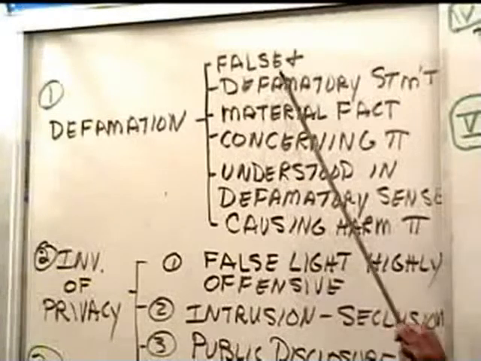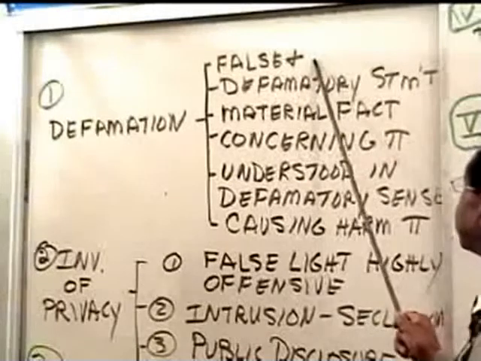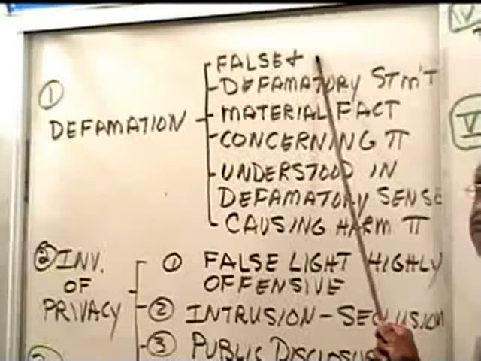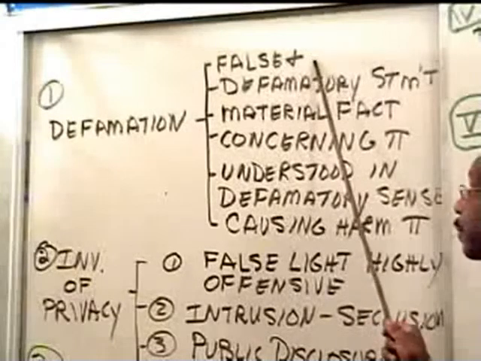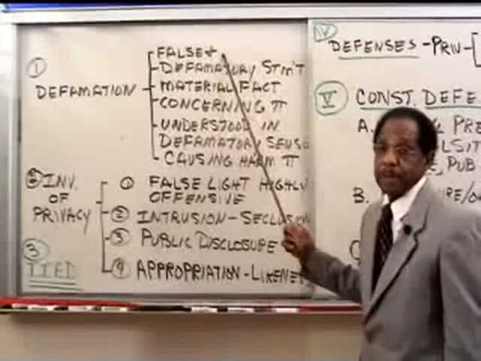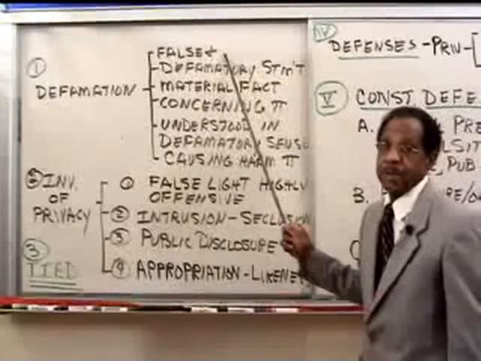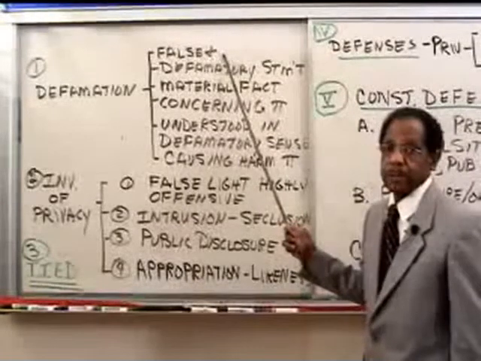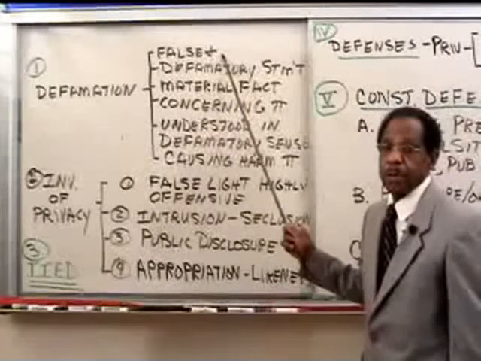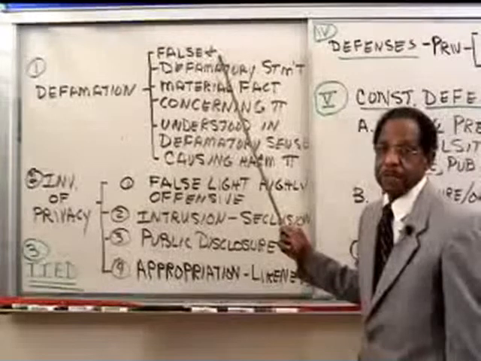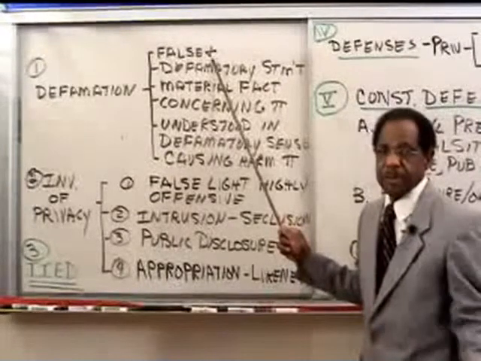So let's go through these elements again to get the broad idea of what is covered. False statement. At common law, there was a presumption that a defamatory statement was false. And you need to know that. However, modernly, if we're looking at the constitutional issues, that is, if we are defaming a public figure or a public official, or if the matter is about a matter of public concern, we'll go through these more carefully, but I want to lay out the basic plot.